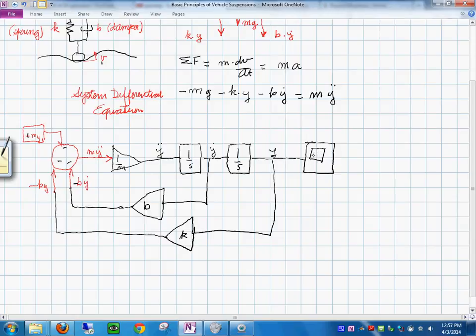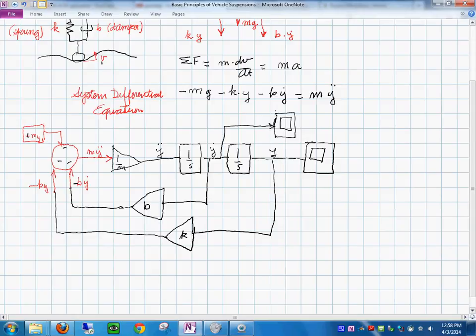This is a scope here where we can actually see the output. If you want the output of the velocity, you can create another scope here that allows you to see it. Okay, and so the question now is whether we could use Simulink with this, and the answer is obviously yes.